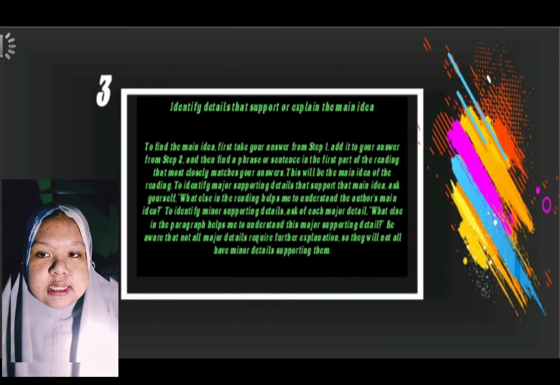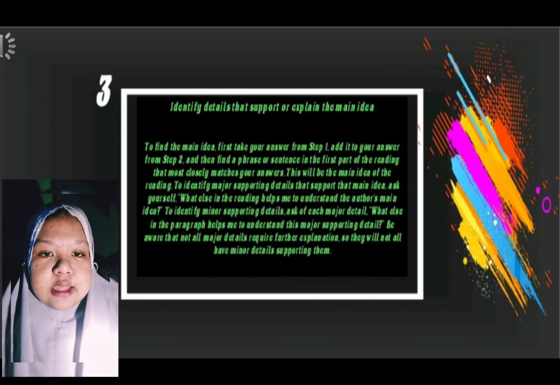And the last process is to identify details that support or explain the main idea. To find the main idea, first take your answer from step 1, add it to your answer from step 2, and then find a phrase or sentence in the first part of the reading that may closely match your answer. This will be the main idea of the reading.